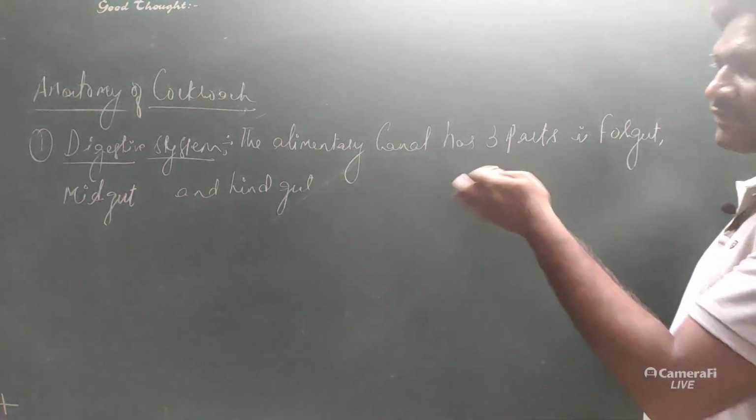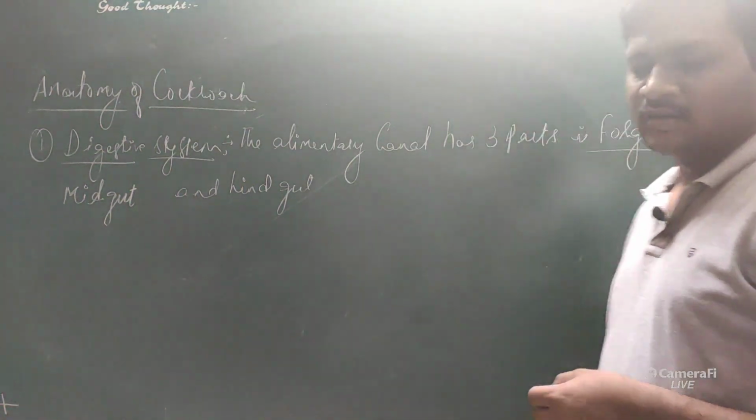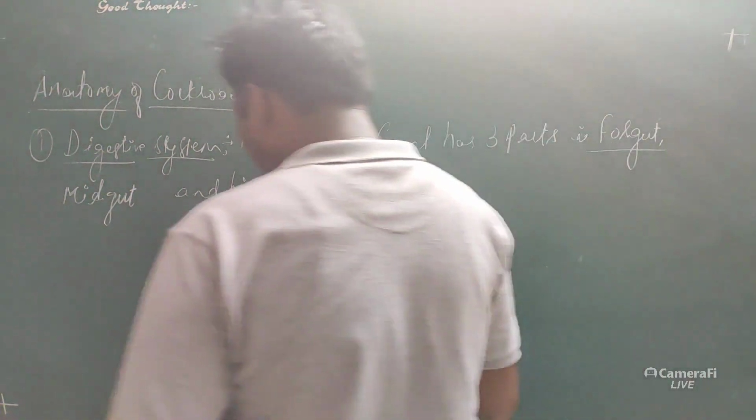So these are the different names given to these three parts, the foregut, midgut and hindgut.